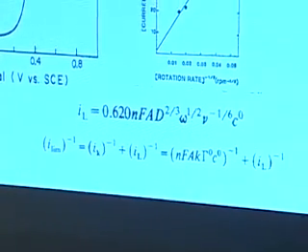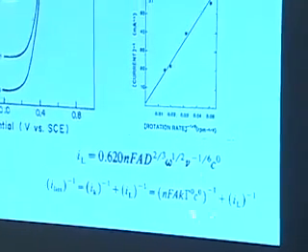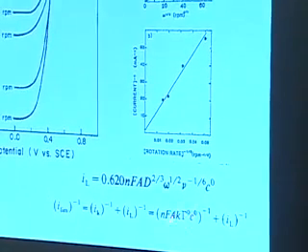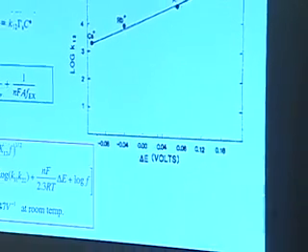From that non-zero intercept, you back out the kinetic current, and you know your coverage, gamma, and your solution concentration, and the area of your electrode, and you know N, and you know F, and therefore you can get the rate constant K for the oxidation of the solution ions by the nickel ferricyanide.